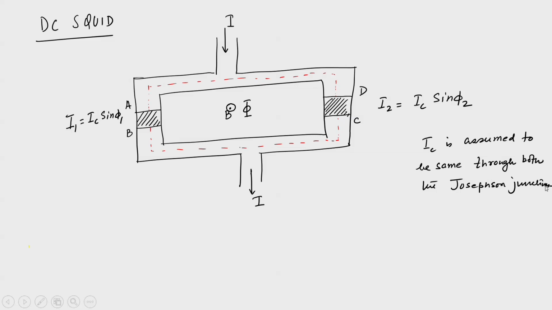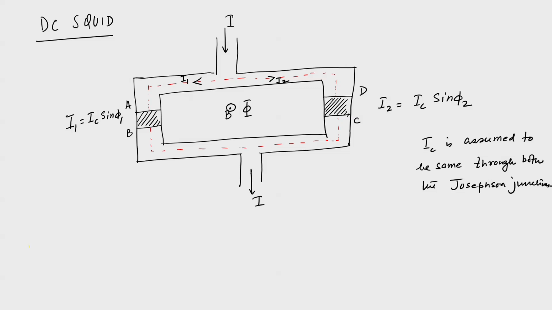The current enters, and the current I 1 goes through the left portion, and there is a current I 2 that goes through the right arm, and that is pretty much it.